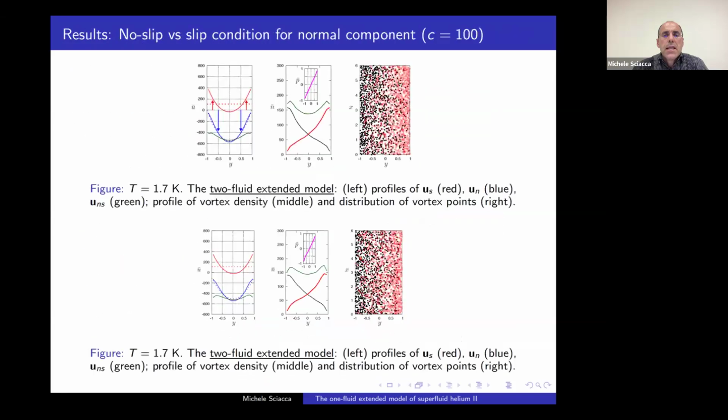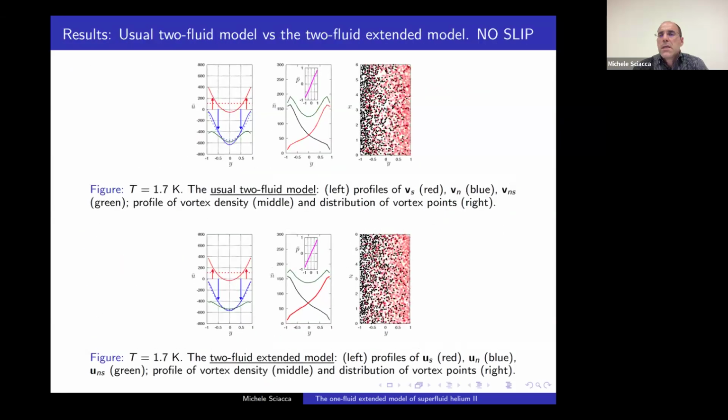We made a numerical experiment in a two-dimensional channel with Luca Cavantucci. We have considered vortex points in the channel, in a counterflow situation.